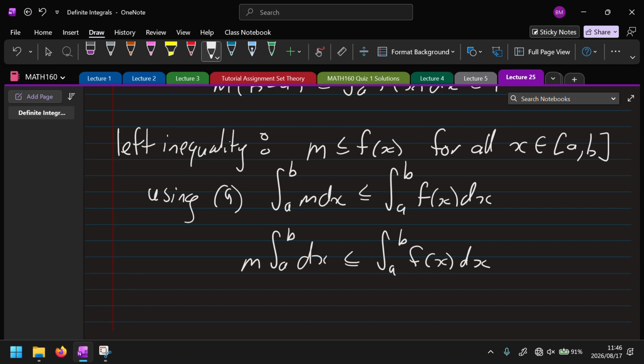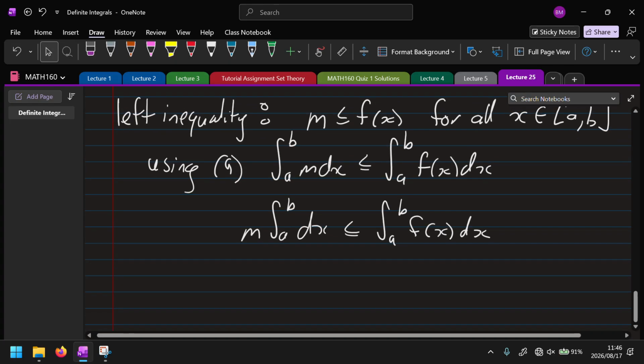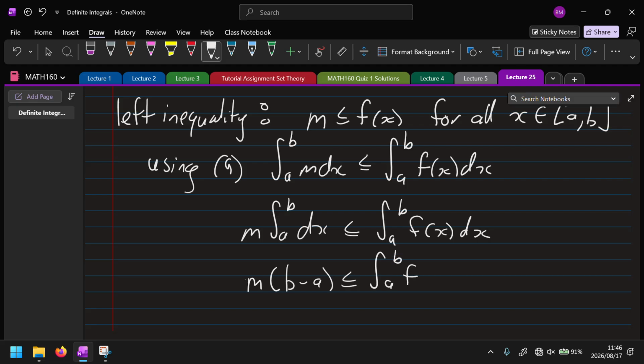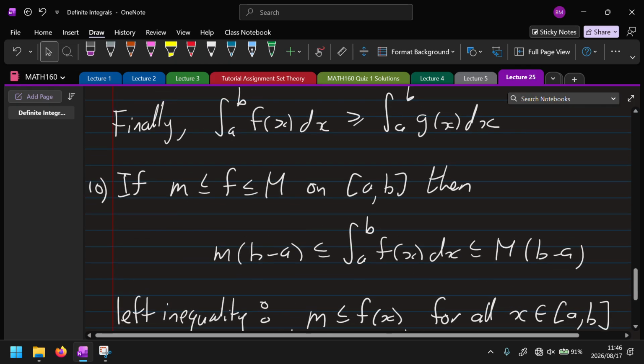Next, the integral from a to b of dx. Remember, there was that hidden 1 there. That was just b minus a. That was another property. And that's exactly what we need for this left side of the inequality.